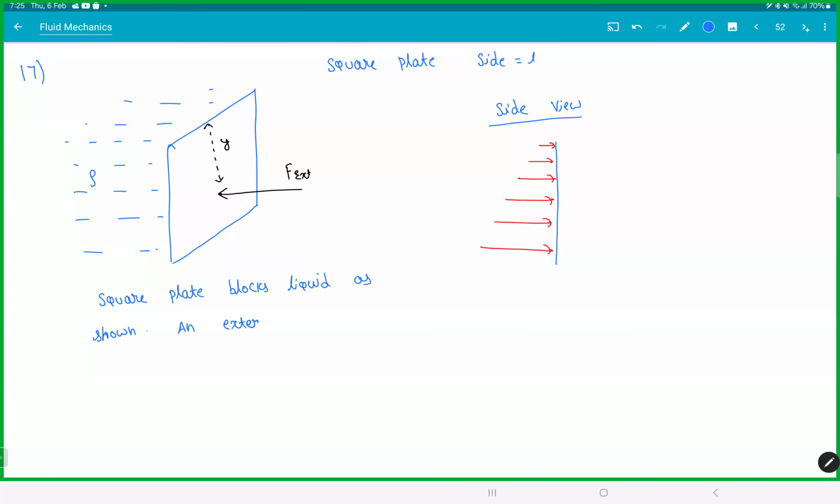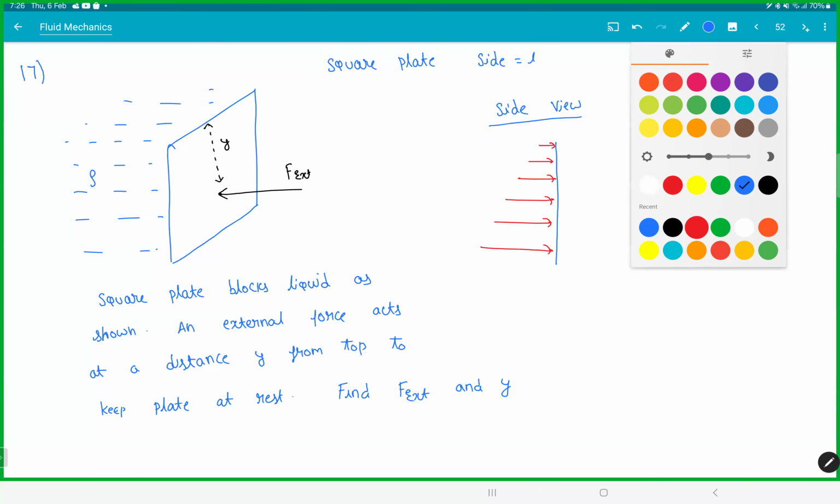An external force acts at a distance y from the top to keep it at rest. So the first thing is, how much force should you apply? If you apply less force, the plate will move. If you apply too much force, the plate will go inside. Find F external and y. And where should you apply it?